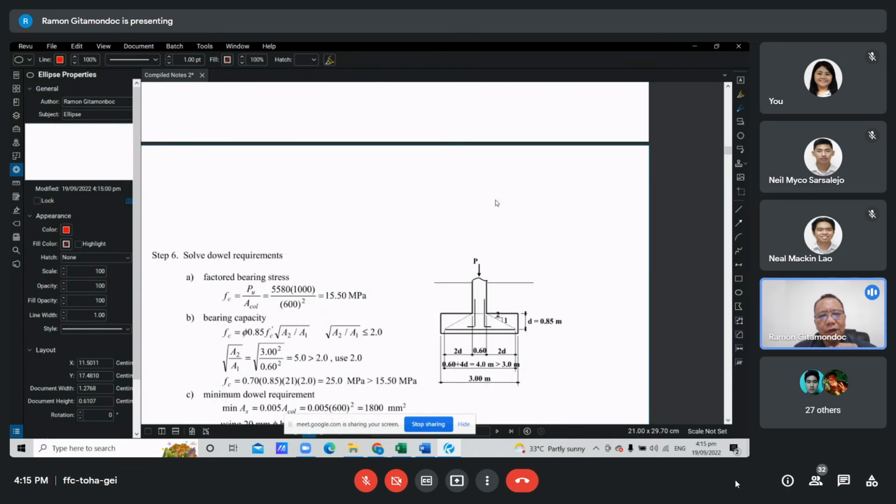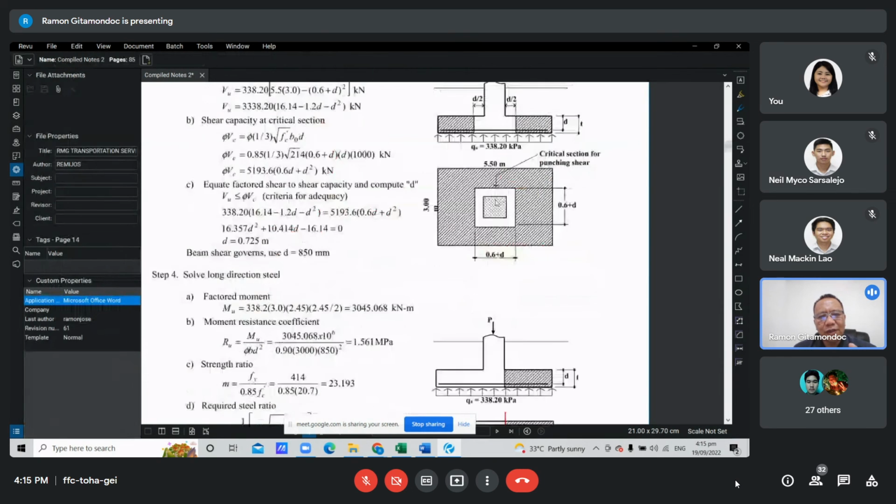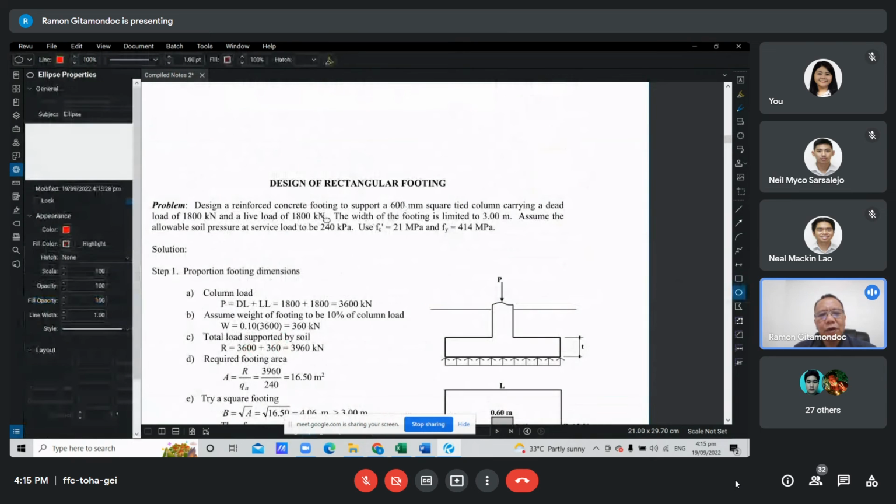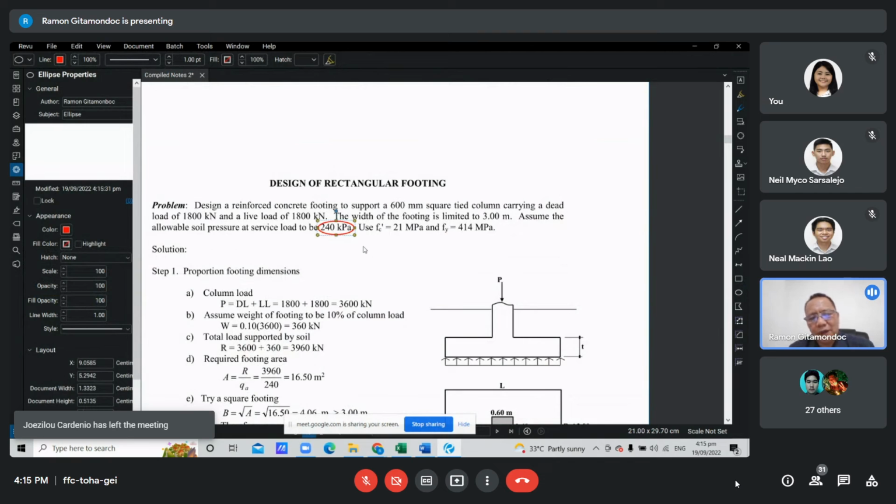And we should remember that this allowable pressure was given as 240 kilopascal. This is a very approximate value, with a factor of safety of 3.0.